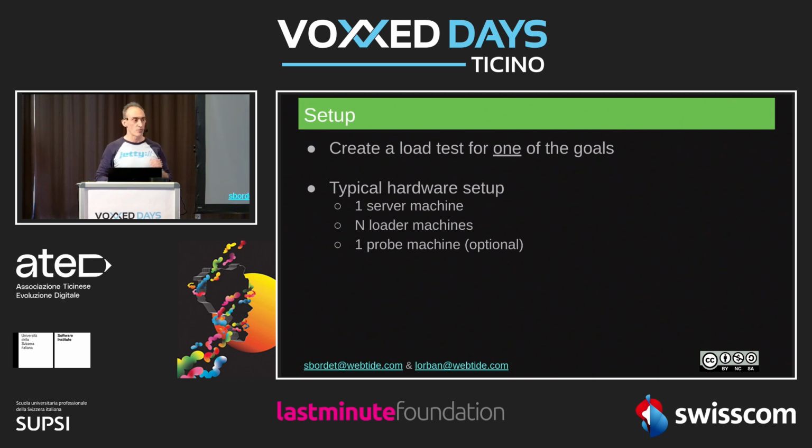Typically what we do is that we have one server machine, we have a number of what we call loader machines, okay, and these are clients that impose the load on the server machine, and then we typically have one additional machine that we call probe. This machine is optional, but we typically use it because we really want to have this information.